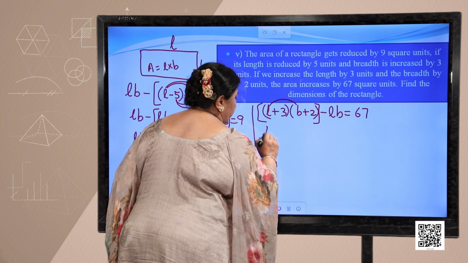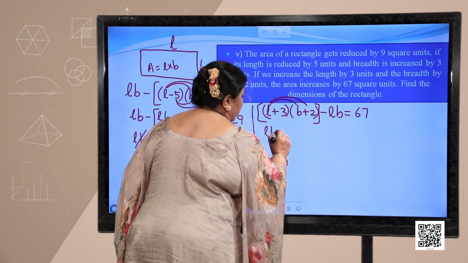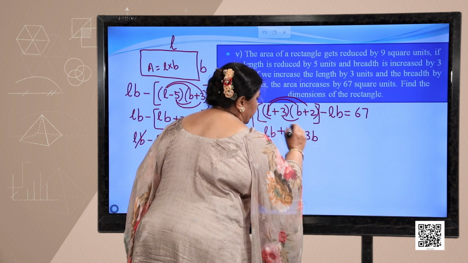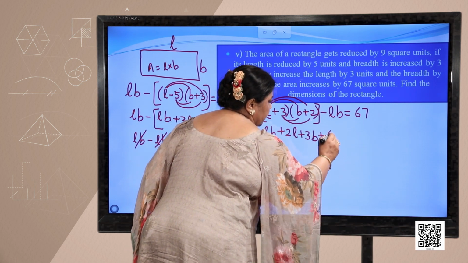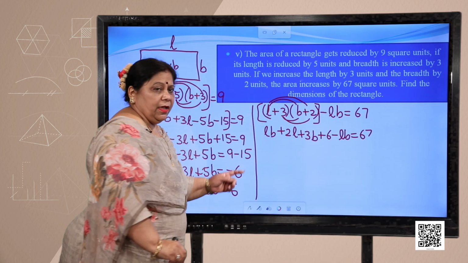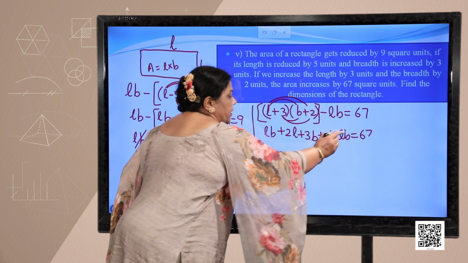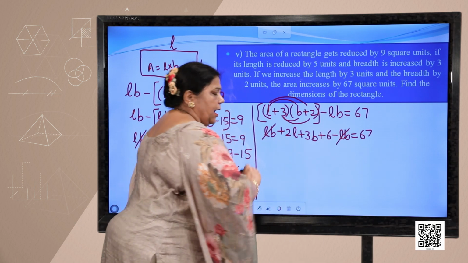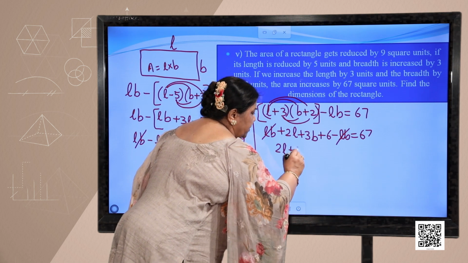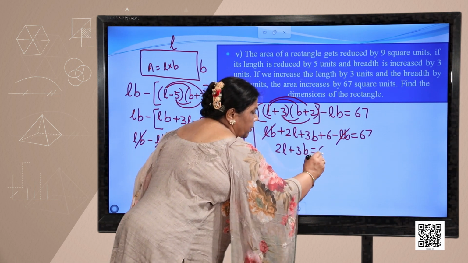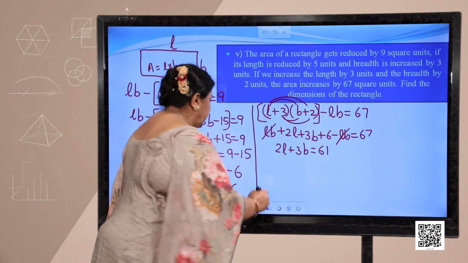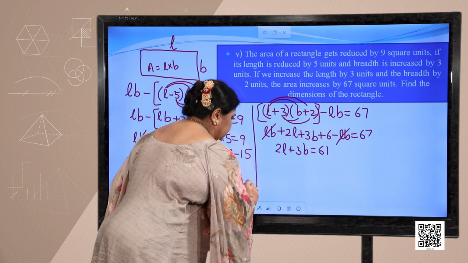L into B gives me LB plus 2L plus 3B plus 6 minus LB is equal to 67. I hope it is clear. We can cancel minus LB and plus LB. We are left with 2L plus 3B is equal to 61. 67 minus 6 will give me 61. So, I have got two equations.